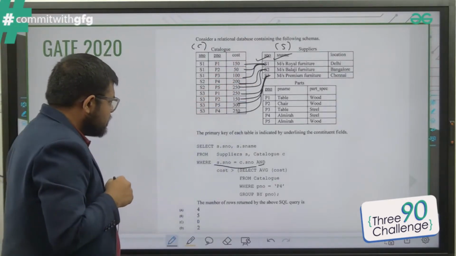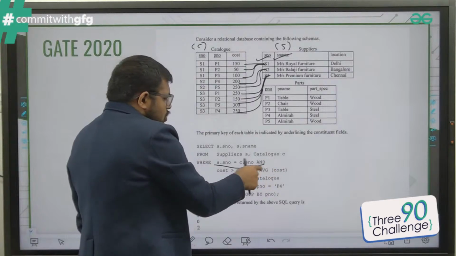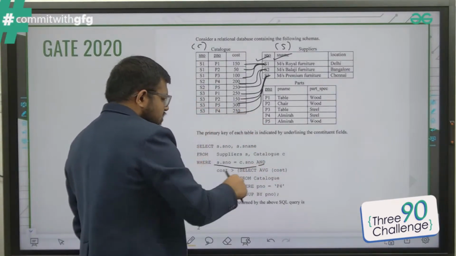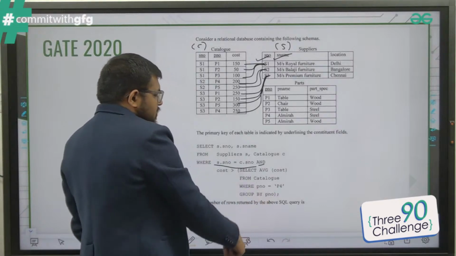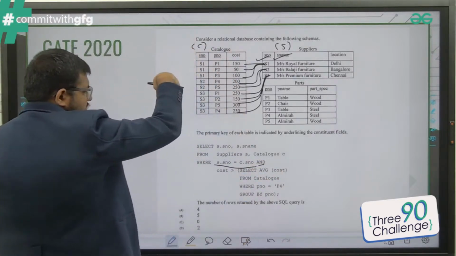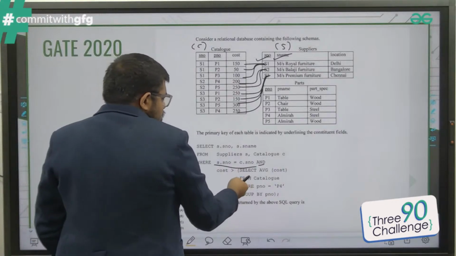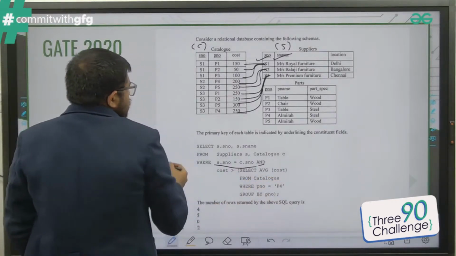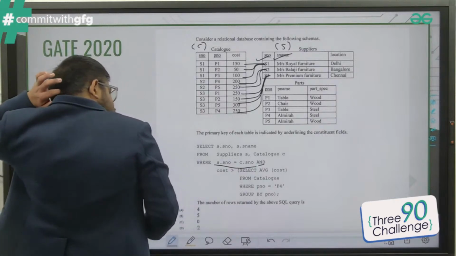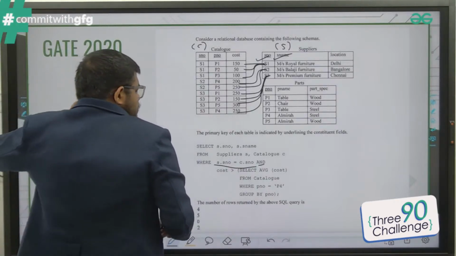What is that? Select average cost. Average means aggregate function, and aggregate function means grouping is done, group by P number. Select average cost from the catalog table where P number is P4, and group by P number.